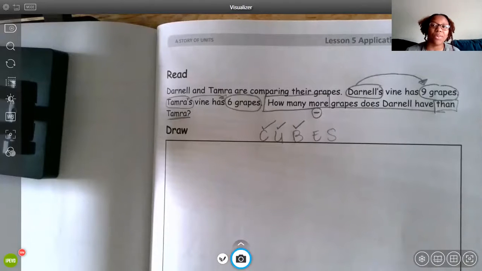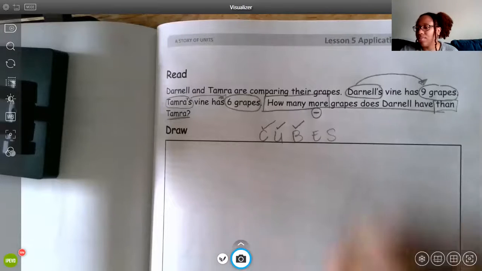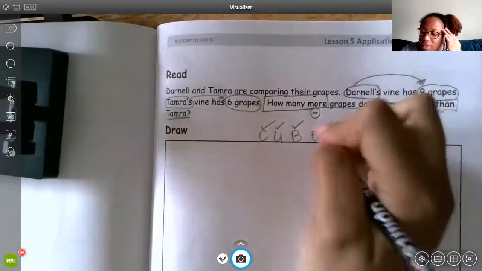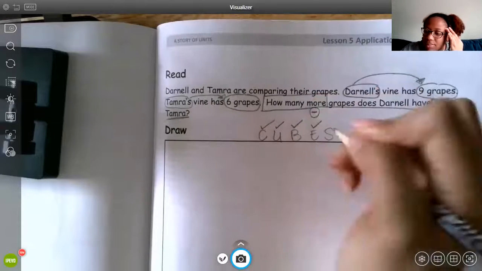And for E, we want to evaluate, or I want to ask myself, what do I know? I know my labels. I know how many grapes Darnell and Tamara has, and I also know what operation I want to do. So now that I have that all in my brain, I'm going to check that off.